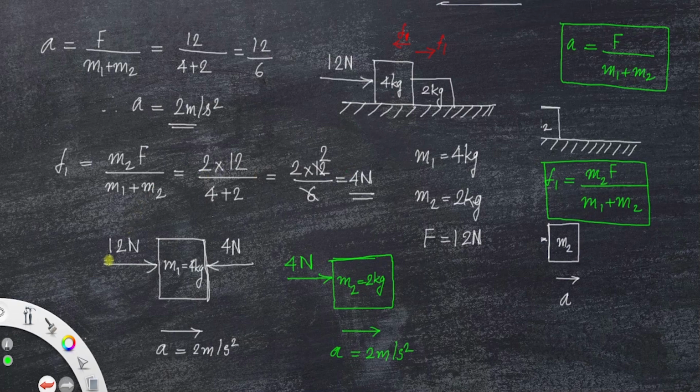Now what if we have three masses connected to each other? Now let us derive an expression for the force acting between three masses. Let's just consider three masses placed on a smooth frictionless surface like this.